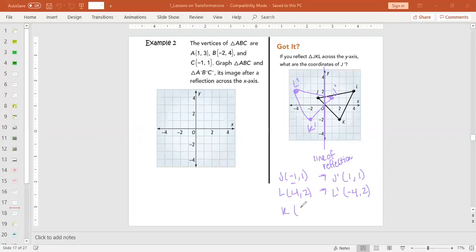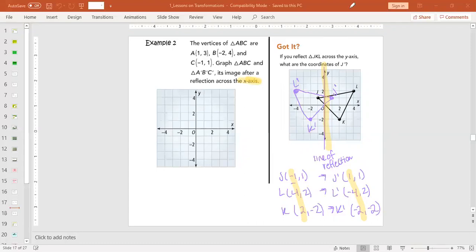K was 2, -2. So K prime is -2, -2. So notice because I reflect it over the y-axis, all of my signs of x changed, okay? If you're reflecting over the x-axis, the signs of y will change.